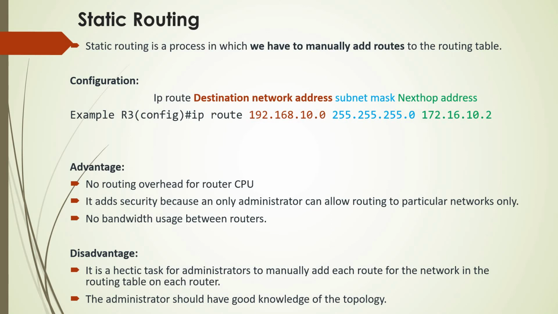Coming to the disadvantages, for a small network it is a very easy and comfortable task. But when we are dealing with a huge topology, or a very large organization, configuring using this type of routing is very difficult for the administrator, who has to organize all the routers and set the destination IP address, next hop, subnet mask, everything.